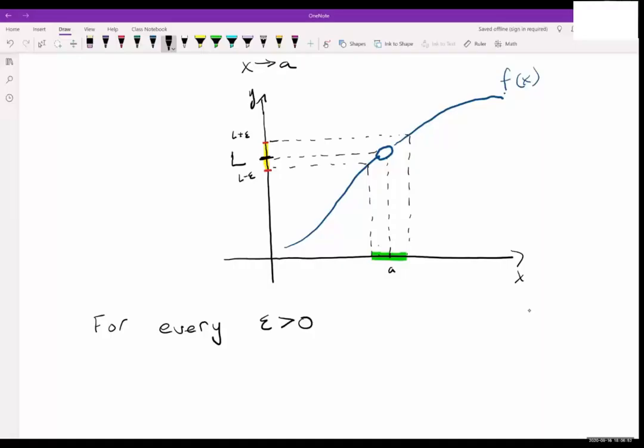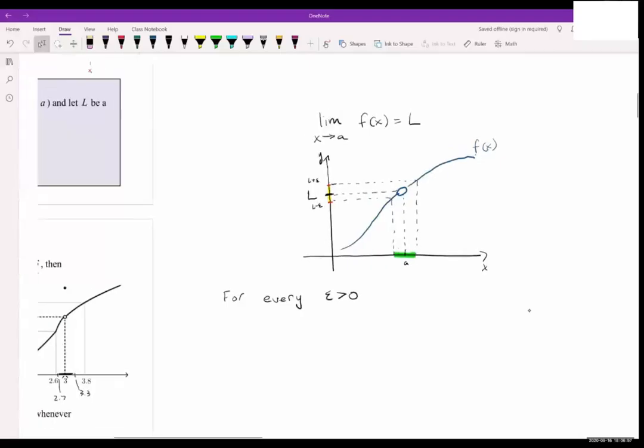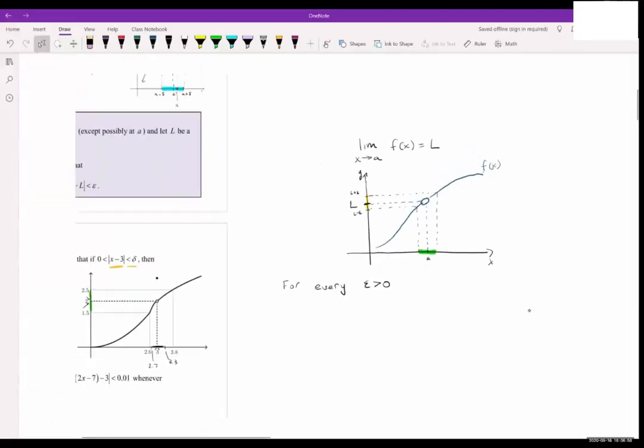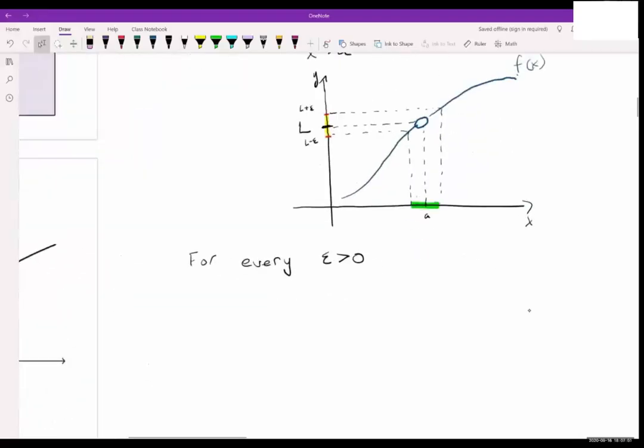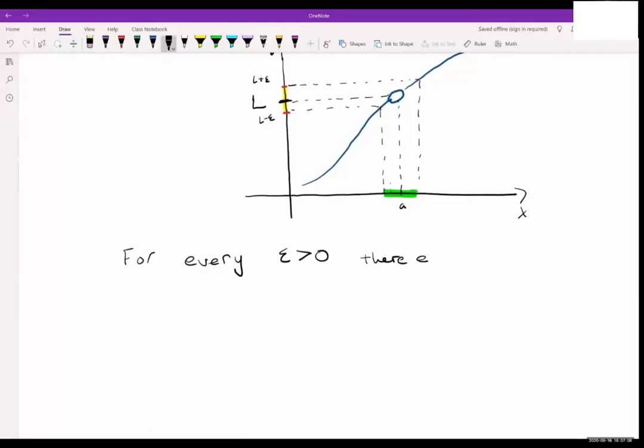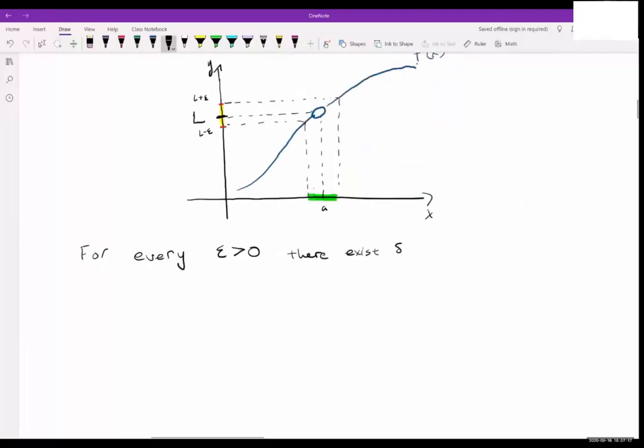So the idea is for every epsilon greater than 0, no matter how small we make that little yellow region, there exists a delta, also greater than 0, such that, okay, now what is delta?